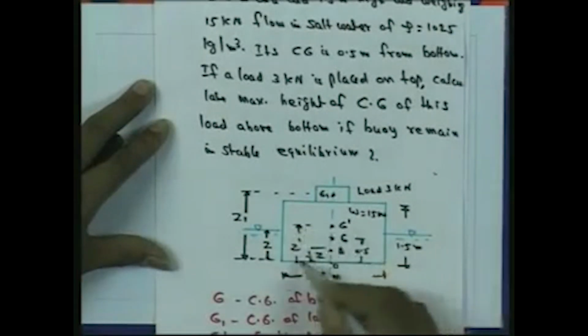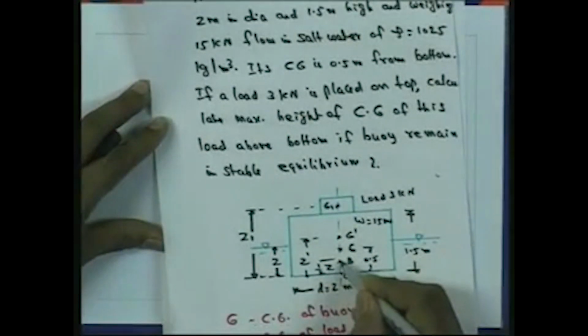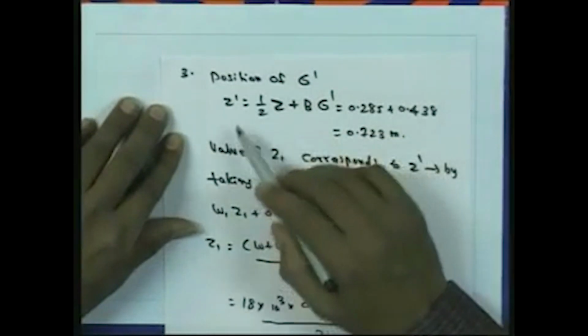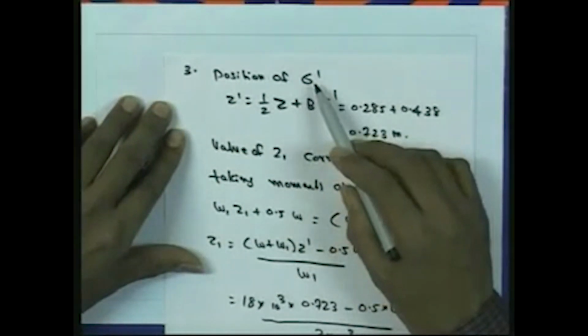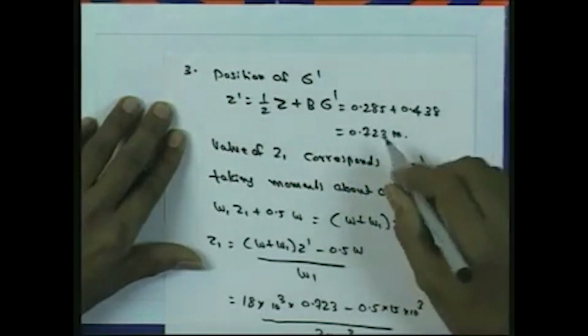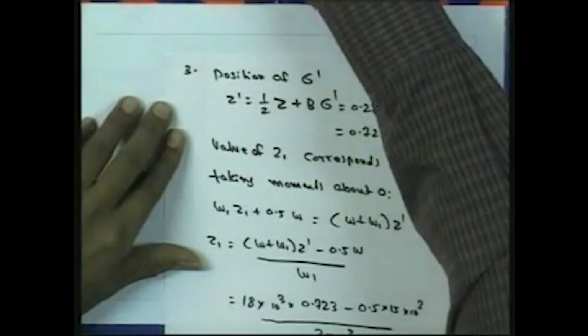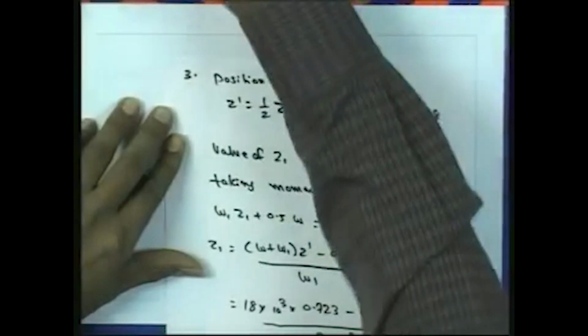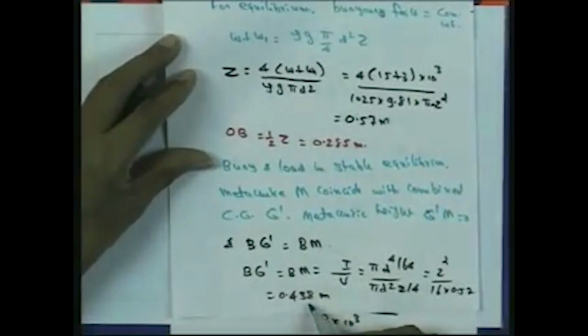Z dash is equal to OB plus Bg dash, where OB is equal to half Z. So Z dash is equal to half Z, which we have already determined as 0.285 meter, plus Bg dash, which is 0.438 meter.